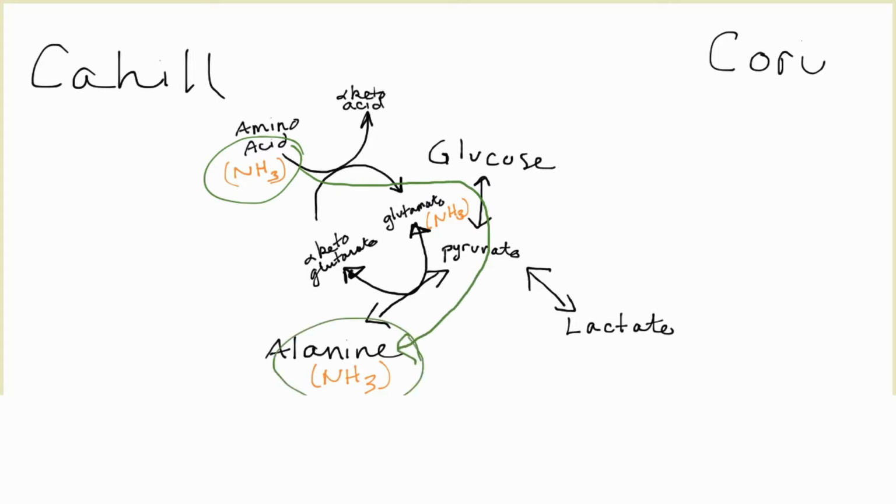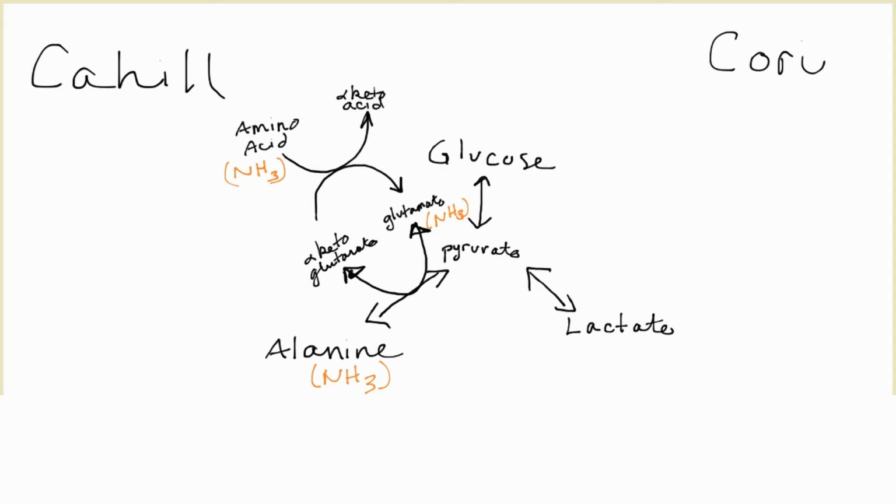And now all of a sudden we're in the liver. So then what happens to this ammonia? Well, the ammonia goes back into glutamate. And through various processes, we'll be able to eliminate it in the form of urea via the urea cycle.